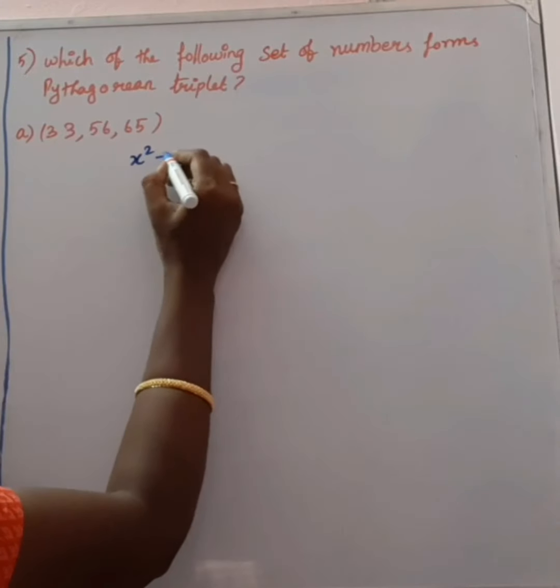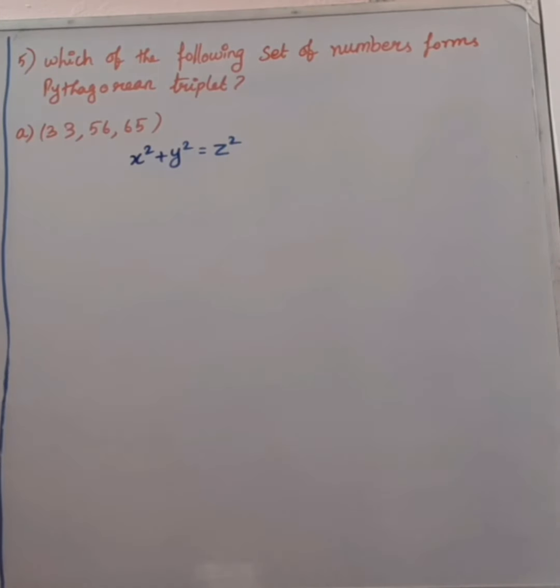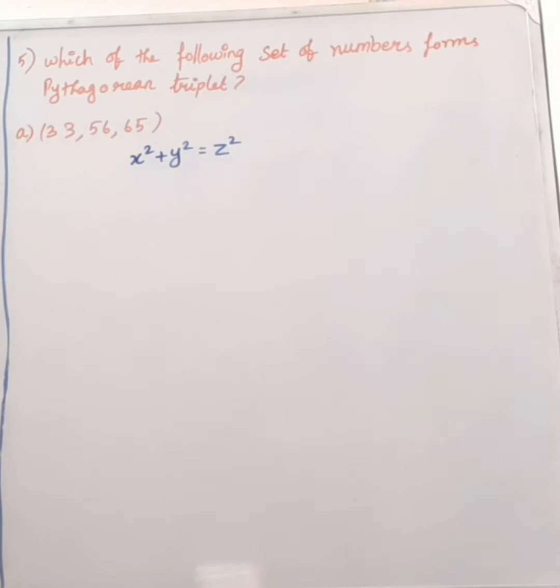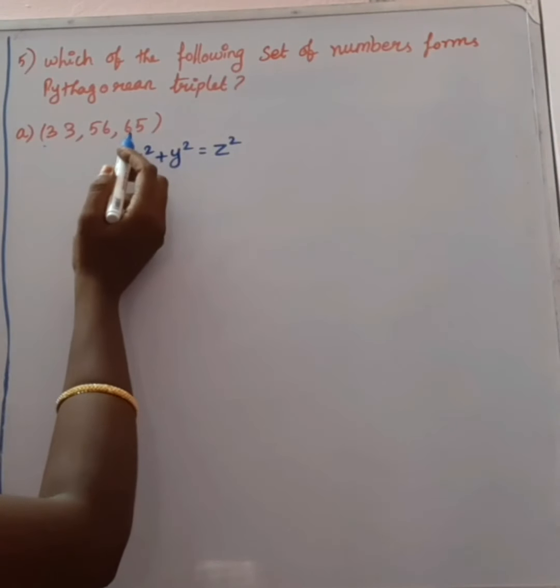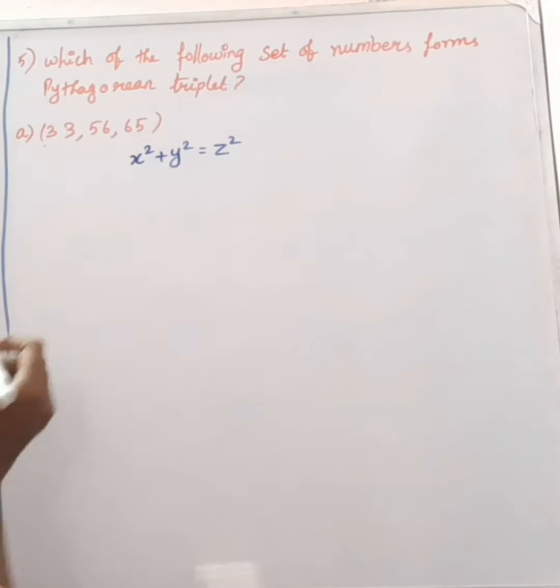Very good. x squared plus y squared is equal to z squared. Okay, here we want to use this only. I already said what is the value of z? The greatest number from the given numbers, isn't it right? So which is greatest here? 33, 56 or 65? 65.